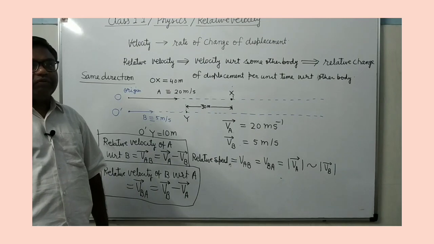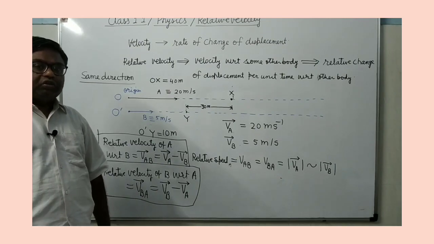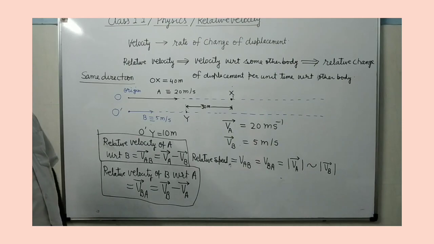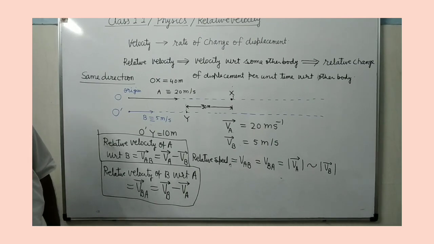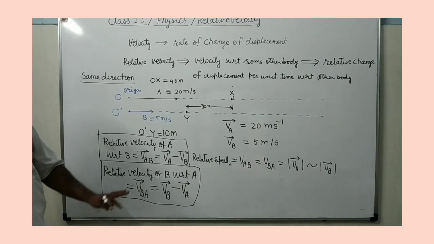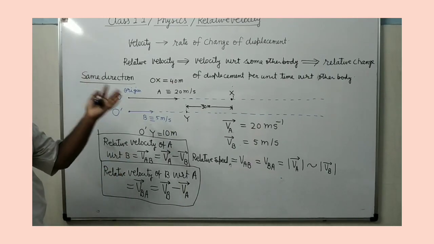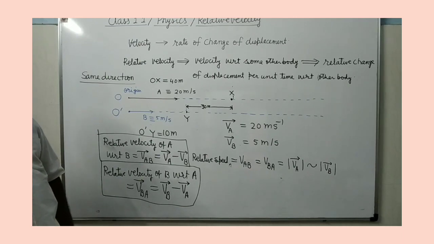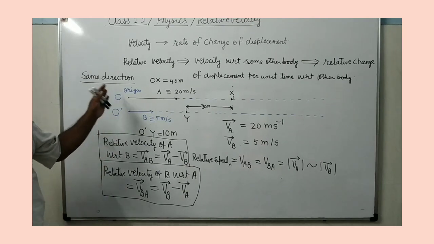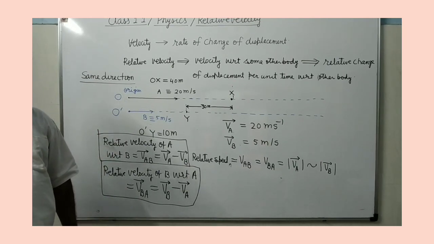When you write the vector form, the relative velocities will have different signs because the directions change. It is clear? One will be leading the other and the other will be lagging behind the first. So in terms of velocity they will be negative of each other, but in terms of speed their numerical values remain the same. So this is the case when the bodies were moving in the same direction.